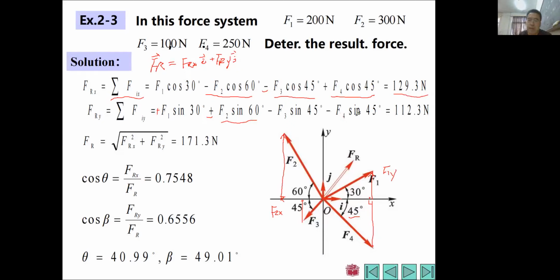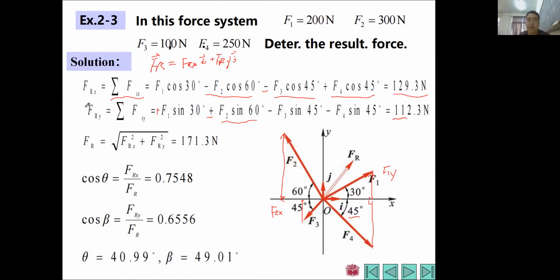So these four parts are each force's projection onto y. Maybe they are positive like this and this, maybe they are negative like this and this. After you give this equation, all you need is to use your calculator to find its final result, right?